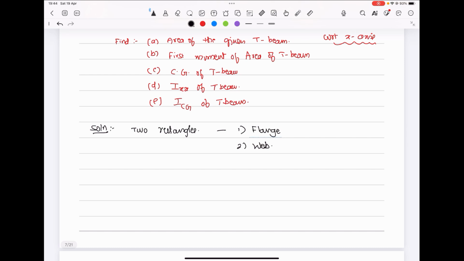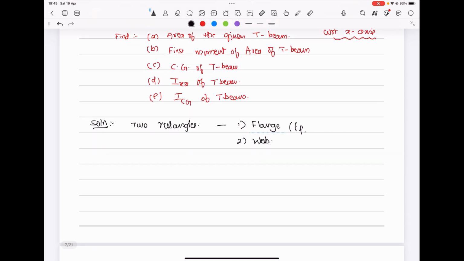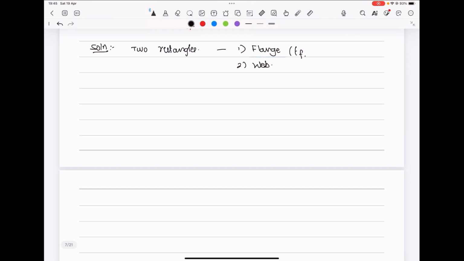No. The flange will have a thickness called TF, and the flange will have a breadth BF.